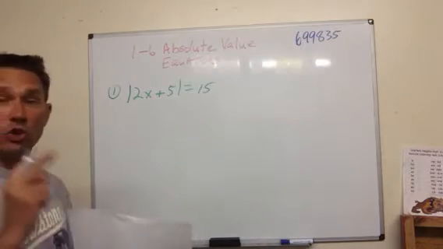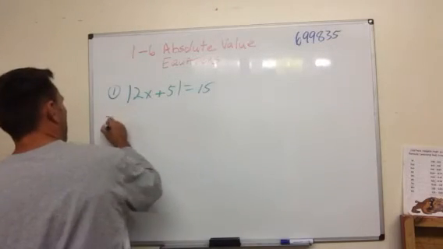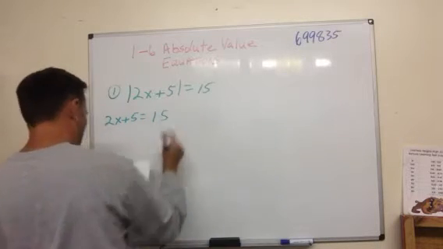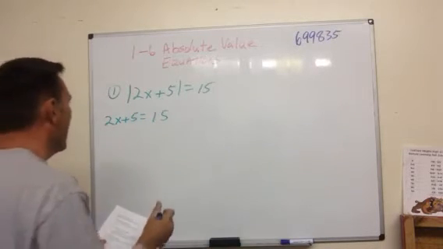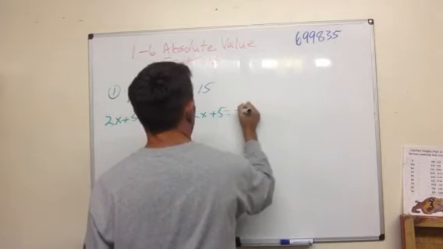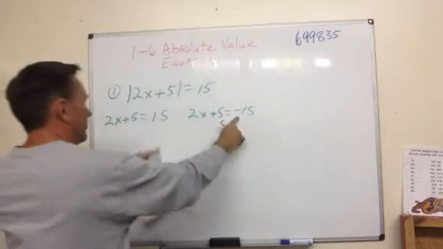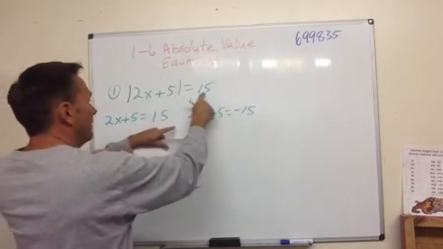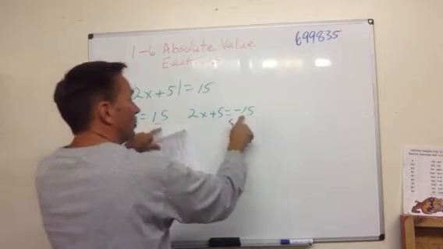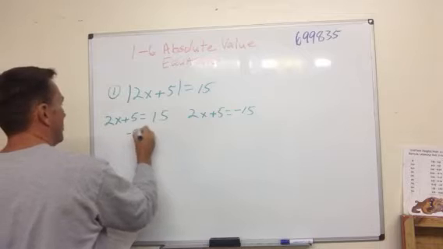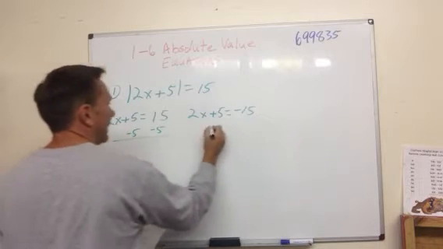Now we have to create two problems. 2x plus 5 equals the positive answer, and 2x plus 5 equals a negative answer. The 2x plus 5 stays the same. One is 15, the other is negative 15. When we solve this, both times we're going to add negative 5.